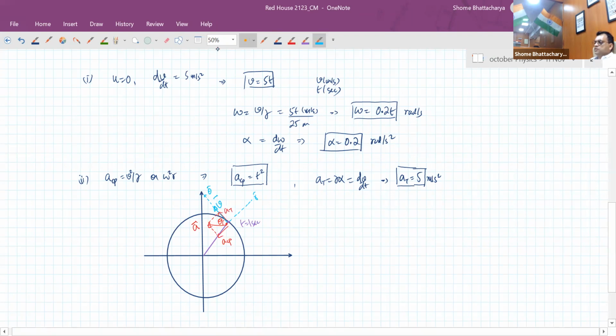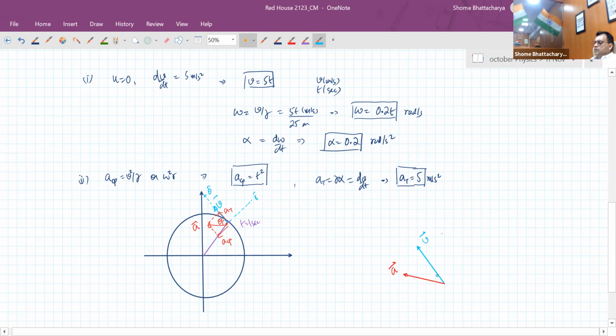So if I just draw those two vectors separately over here, this is the velocity vector and this one is the acceleration vector, at any instant for that matter.